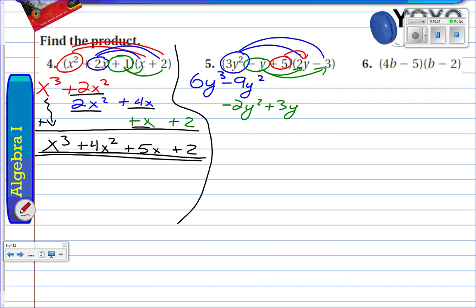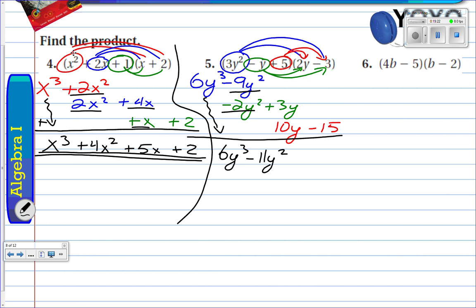5 times 2y is 10y. 5 times 2 is 10. 5 times negative 3, negative 15. When I go to add these together, I didn't leave myself enough room here. 6y cubed, there are no other y cubes, so it goes by itself. Negative 9y squared minus 2y squared. If they're both negative, it's like I add them together, but it gets more negative, so that's negative 11y squared.